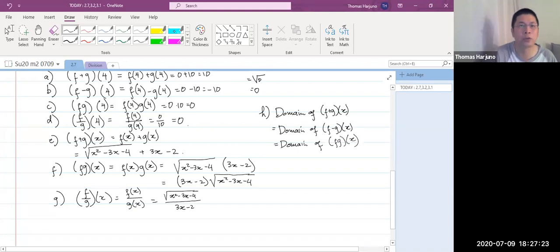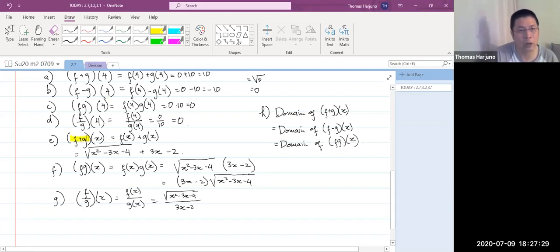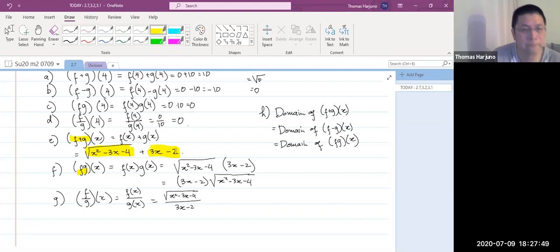If you observe the domain of the new functions after you add, multiply or subtract, it should be those numbers that can be plugged into the first function and the second function. In other words, it has to be the intersection of the two functions that build this new function.